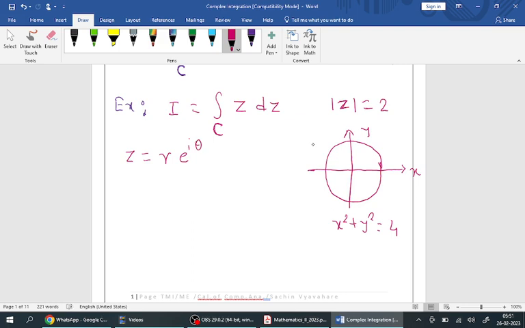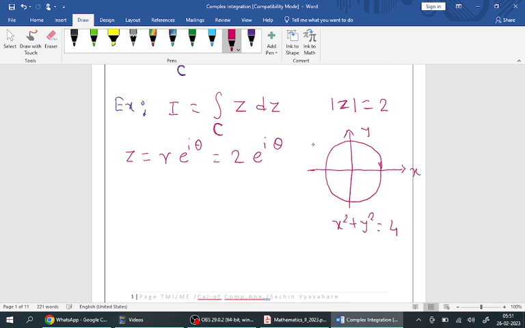To integrate this, we are converting it into exponential form. We are integrating on the circle, so the value of r should be 2, because over the circle C the radius is 2. So we should replace z by 2 times e raised to i theta.